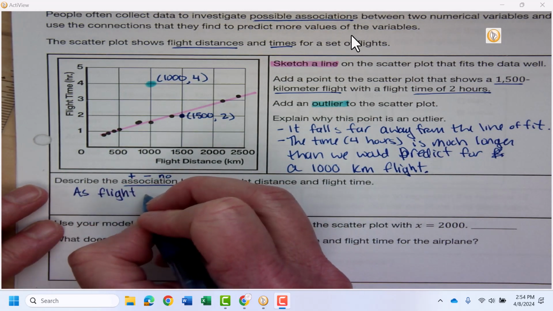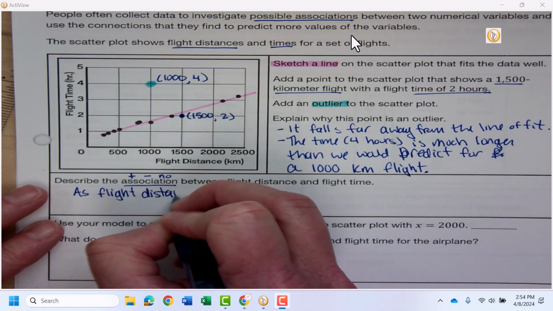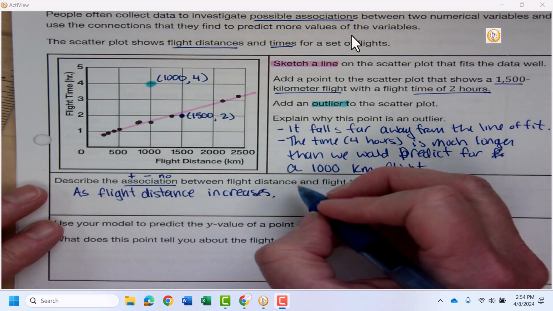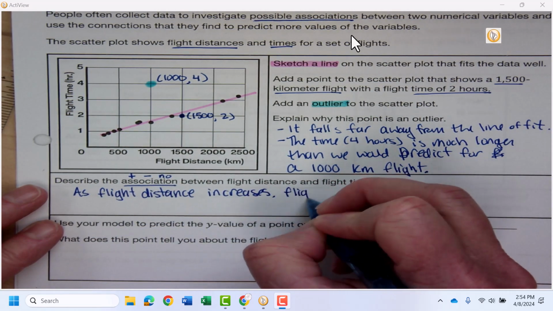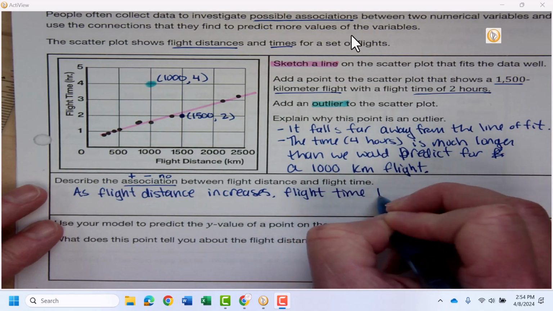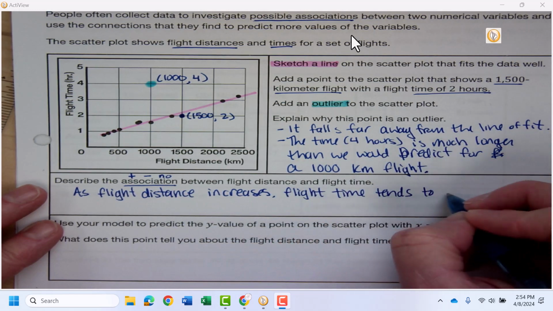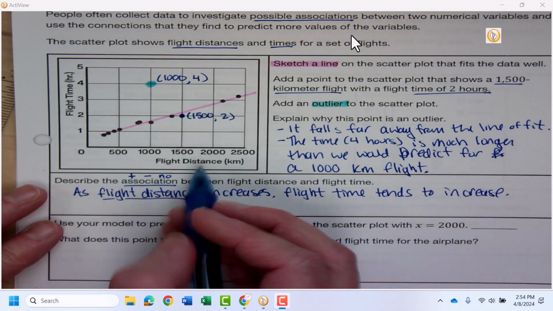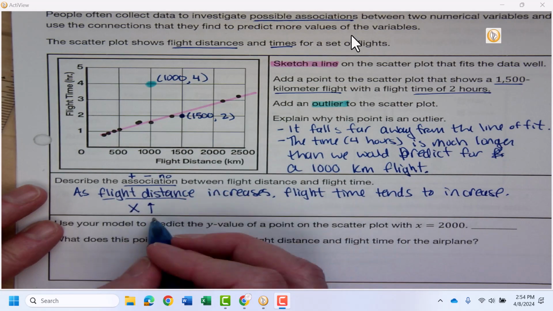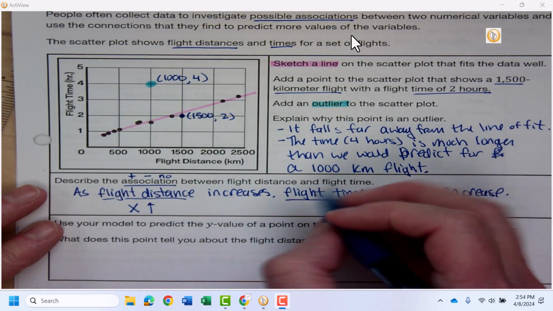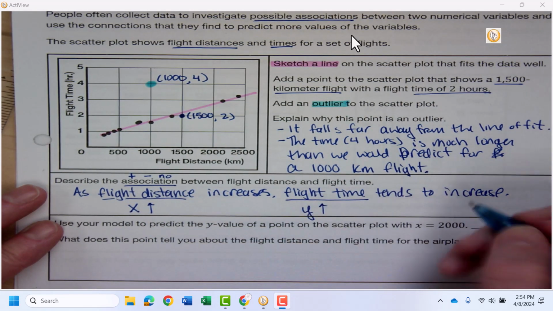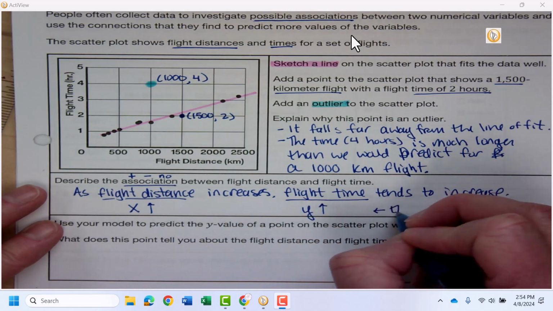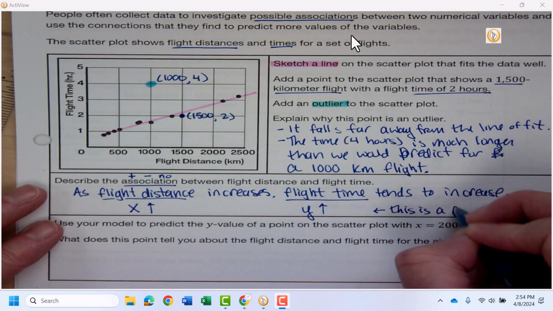As the flight distance increases, flight time tends to increase. The flight distance was the variable on the x-axis, and when it increased, the flight time, which is the variable on the y-axis, also increased. So, because of that, this is a positive association.